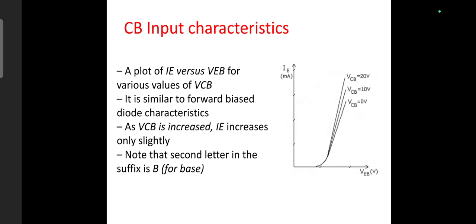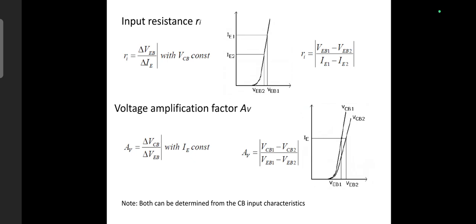Notice that the change in the collector base voltage has only a small effect on the emitter current. This slide shows the equation representation of input resistance, voltage amplification factor, that is R suffix I, A suffix V.